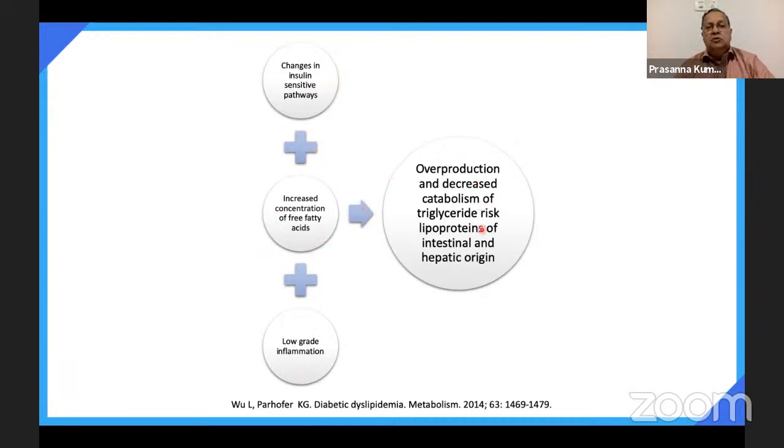All these lead to overproduction and decreased catabolism of triglyceride-rich lipoproteins of intestinal and hepatic origin. That's why when the triglycerides are high in a diabetic, the first thing is to control diabetes before you reassess or treat the triglyceride.